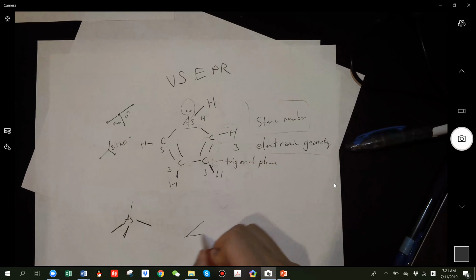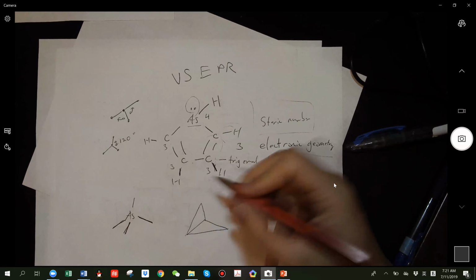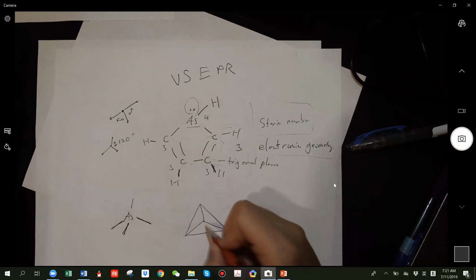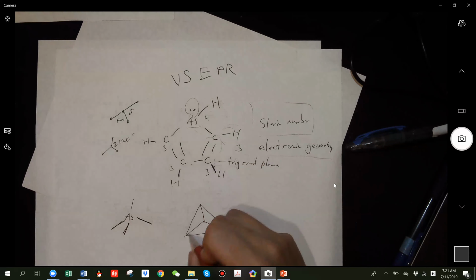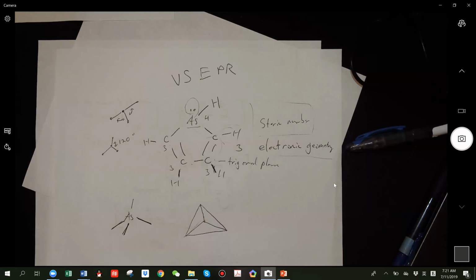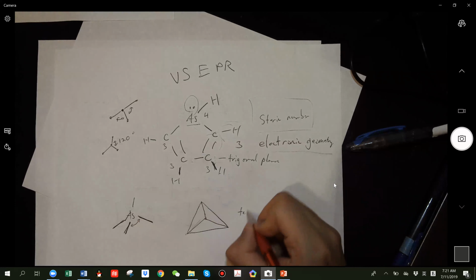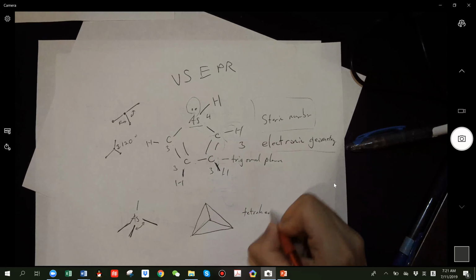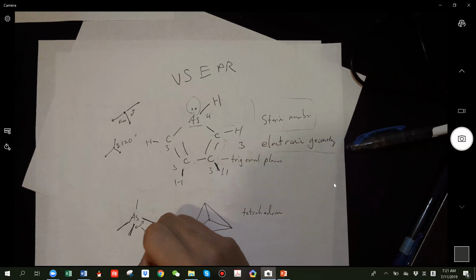We have a triangular base, and then they all converge to 1 point, and this is in the back. I don't know if it's the best drawing. You can look up a picture of a tetrahedron later. This bond angle is going to be about 109.5.